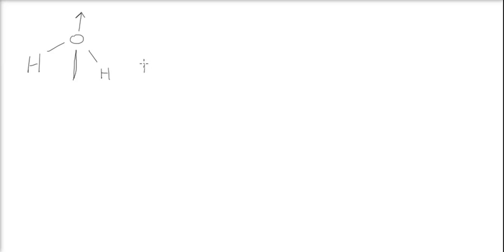And so to represent the partial negative and partial positive charges, we're going to show that the oxygen is partially negative, since that is the partial negative part of the molecule, because that's the direction in which our molecular dipole is pointing. And then our hydrogens are both going to be partially positive.